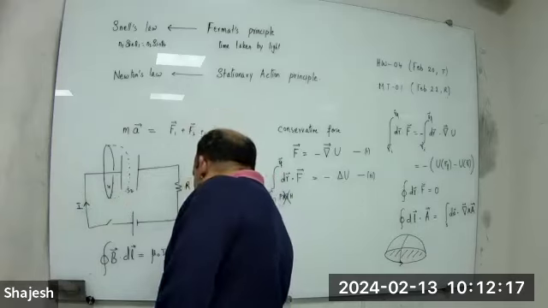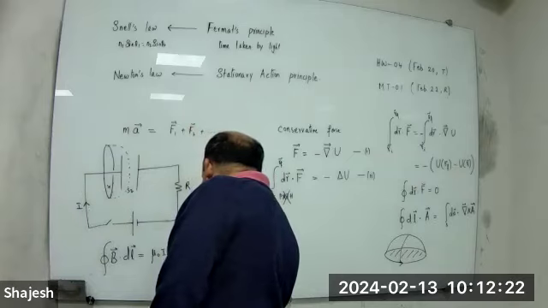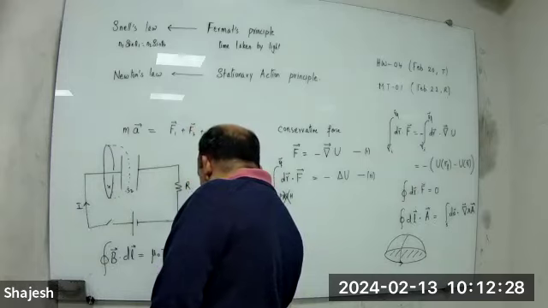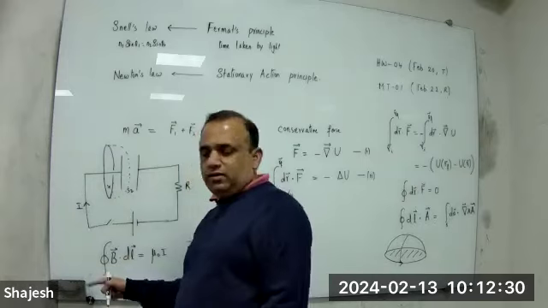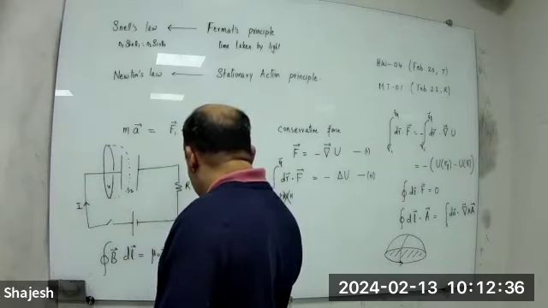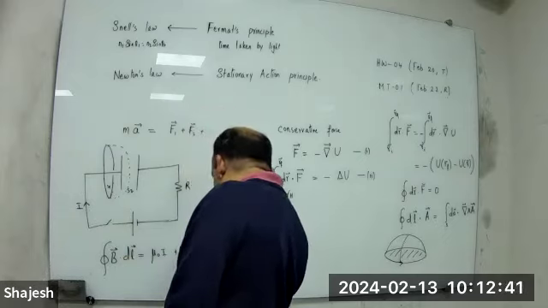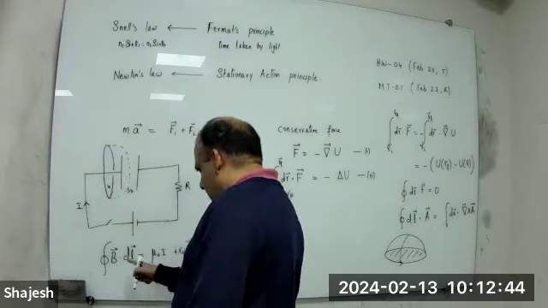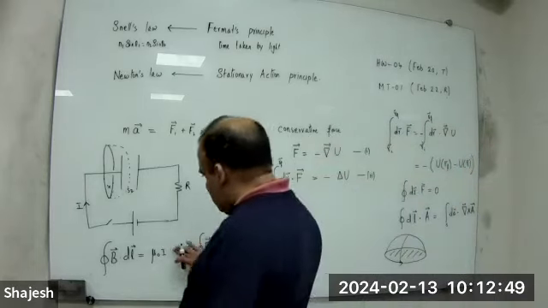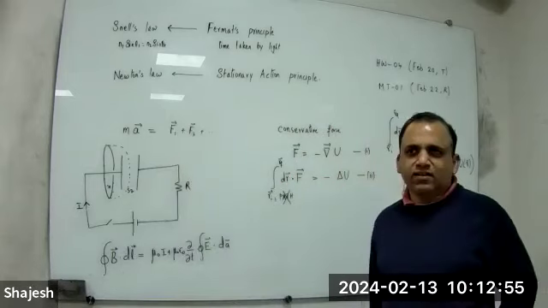So it is d by dt of the electric field dotted with dA, where the surface encloses that loop, plus, with a mu naught epsilon naught. Okay, so that's the correction.